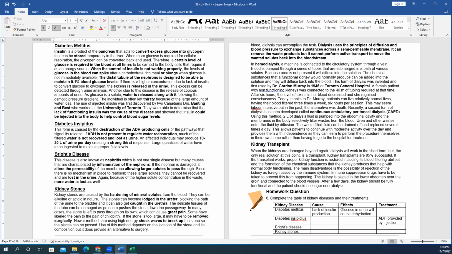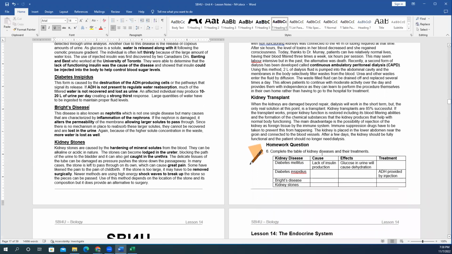This allows patients to continue with some moderate level of activity over the course of the day, and it provides them with a certain level of independence as they learn to perform this procedure themselves, at home, at their convenience, rather than having to go several times a week to the hospital for dialysis treatment.